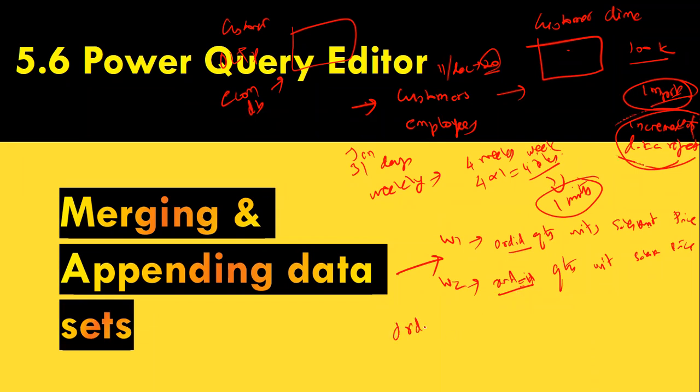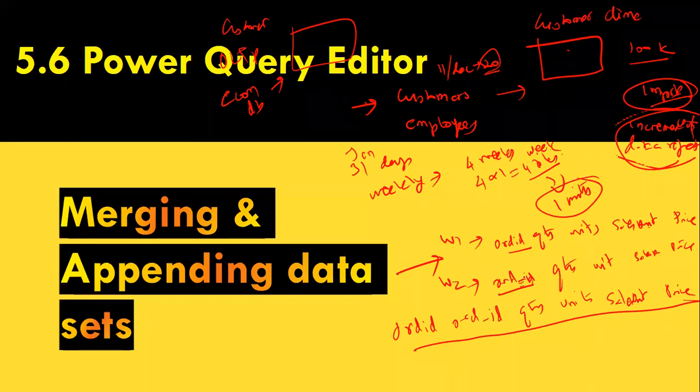Order ID, and then quantity, units, sale amount, and price. Unnecessarily, it will put an additional column here. This is what I said. All columns from both these files will get appended to this final consolidated file.